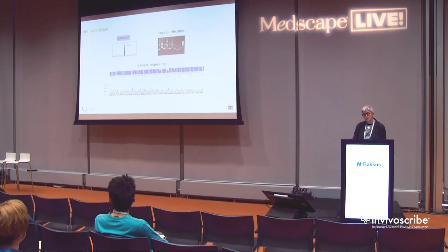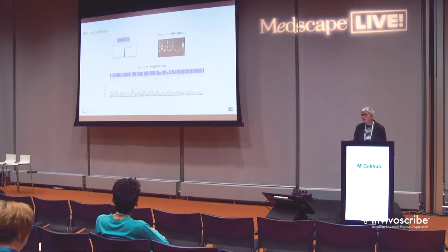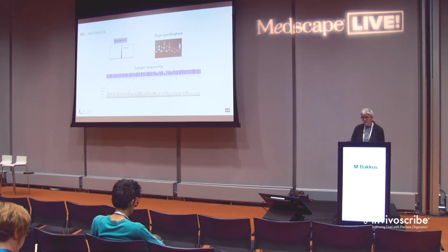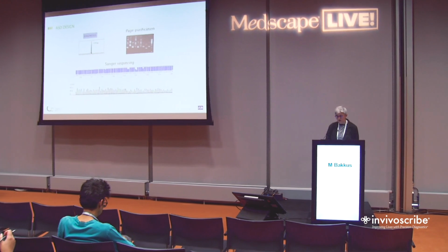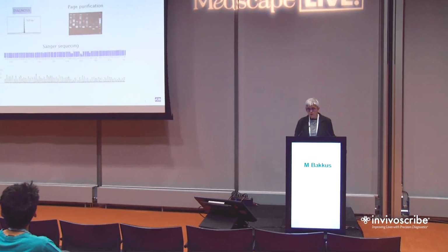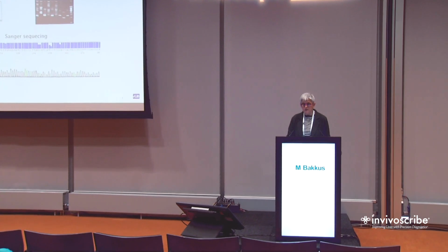When you want to improve the sensitivity of this assay, you need to design ASO primers, unique primers for every joining region, so for every leukemia clone. In the past we did that by sequencing.